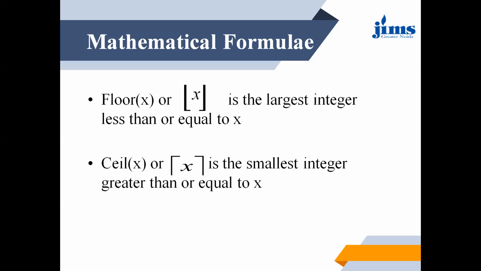If x is passed to ceil, it returns the smallest integer greater than or equal to x. For example, if you pass ceil 3.4, it will return 4. And if you pass the same value to floor, floor 3.4, it will return 3.